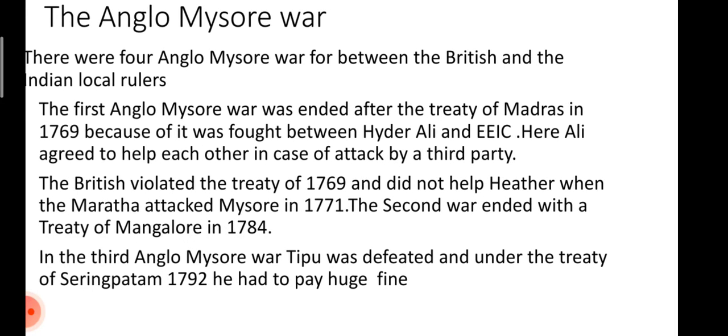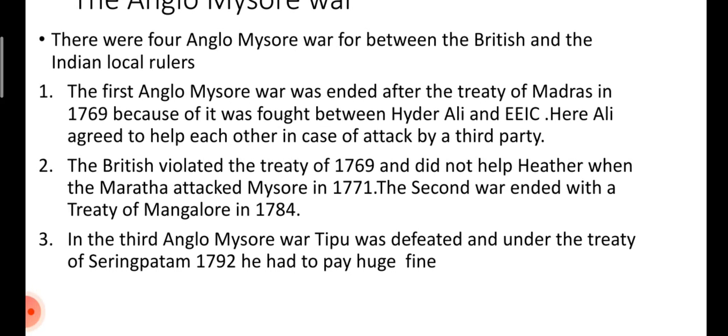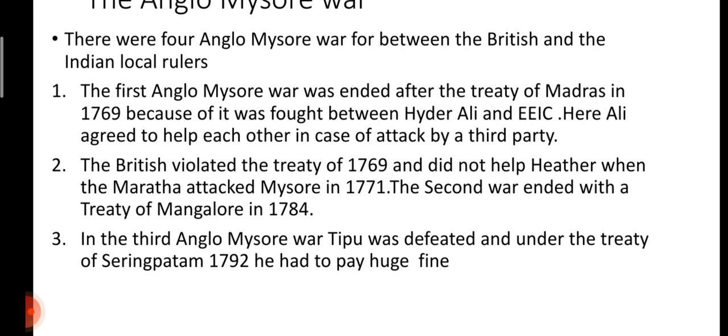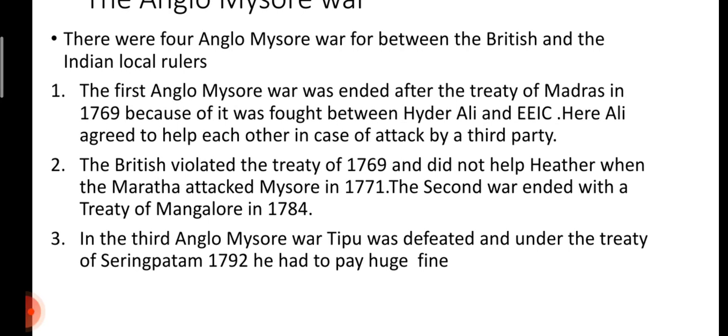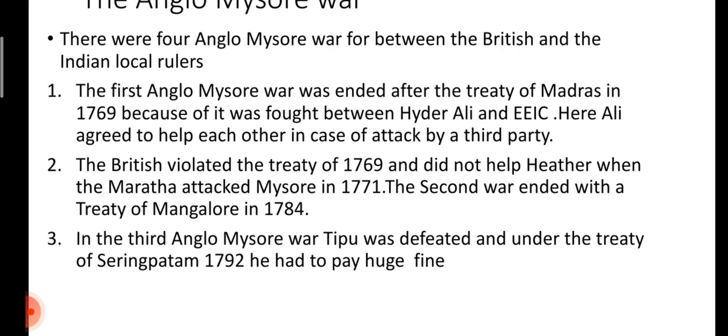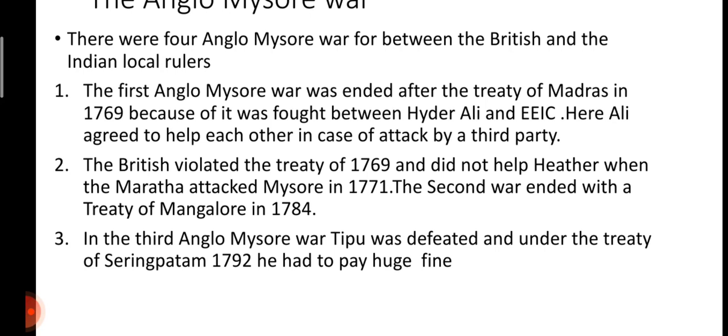The first Anglo-Mysore War ended after the Treaty of Madras in 1769. It was fought between Hyder Ali and the EEIC. Here, they agreed to help each other in case of attack by a third party.